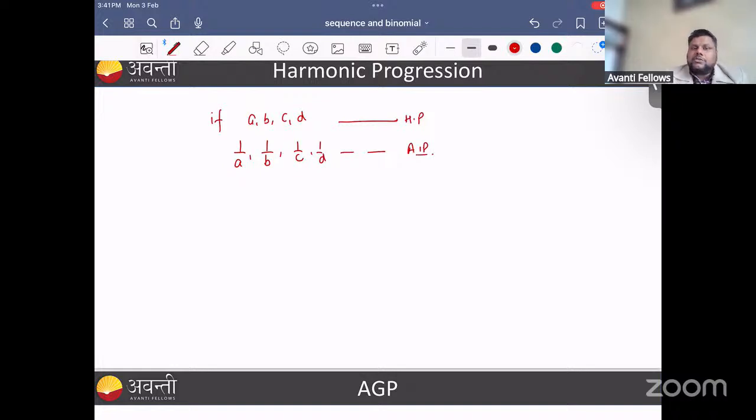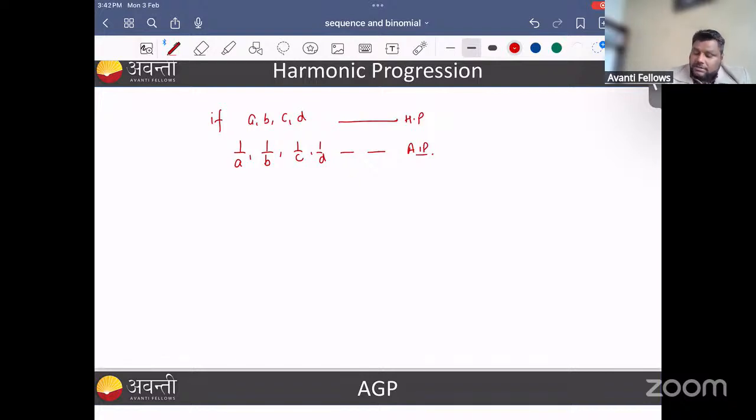That's it. So whenever we have any question on harmonic progression, what are we going to do? We will just take the reciprocal of every term and say that now this is an AP. So we will do everything about an AP.